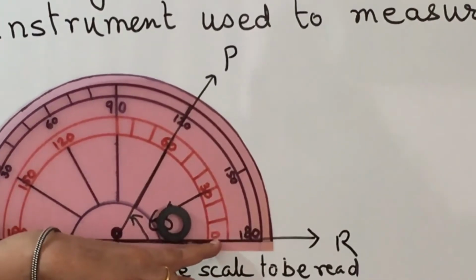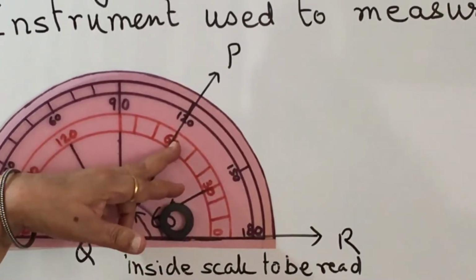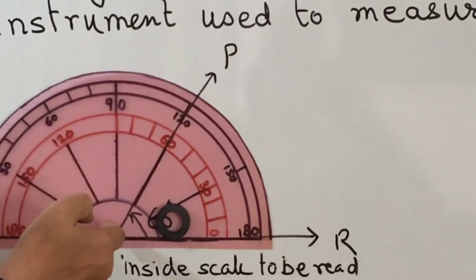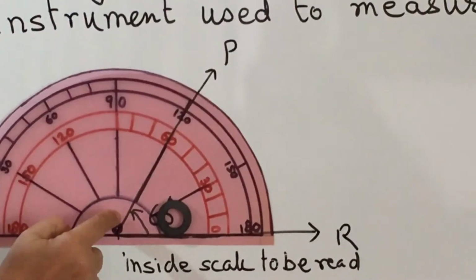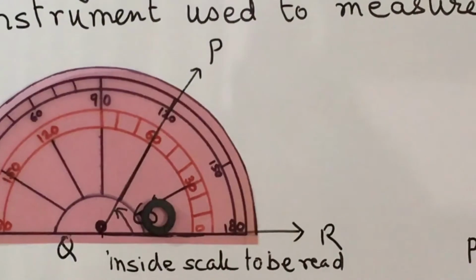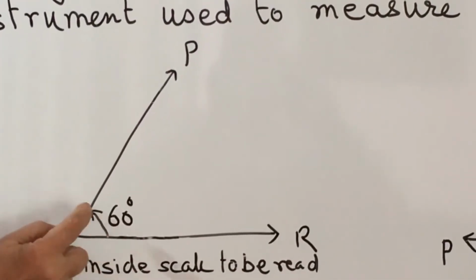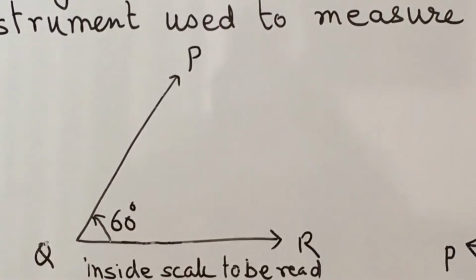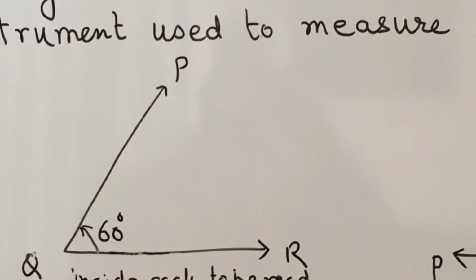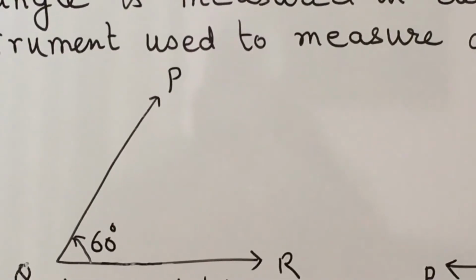So here we will be using the inside scale, 0, and it goes up to 60 degrees. So here the line is going along the 60 degrees direction. So I say that this angle measure is 60 degrees. Now we have measured this angle and the arrowhead is there, which is in the anti-clockwise direction, showing that we have measured the angle with the help of the inner scale.